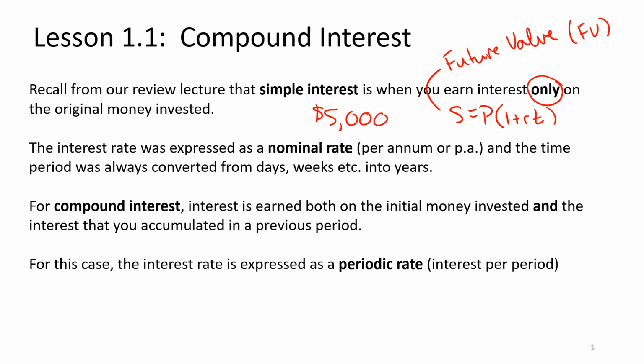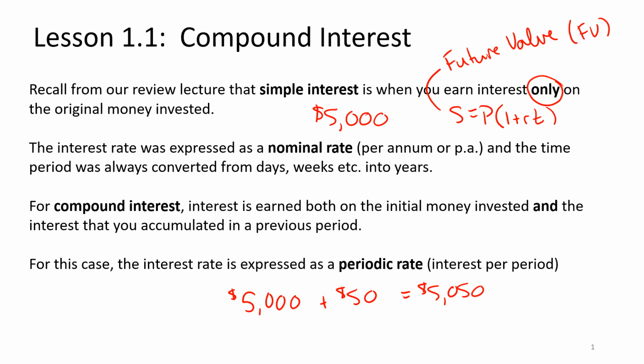And what it looks at is actually the real life scenario, if you have a savings account or items like that. So in a savings account, you earn interest on the money you invested in that savings account and the interest that you accumulated. So if you have $5,000 in your savings account and you earn $50 on that in your first month, your total amount is $5,050.